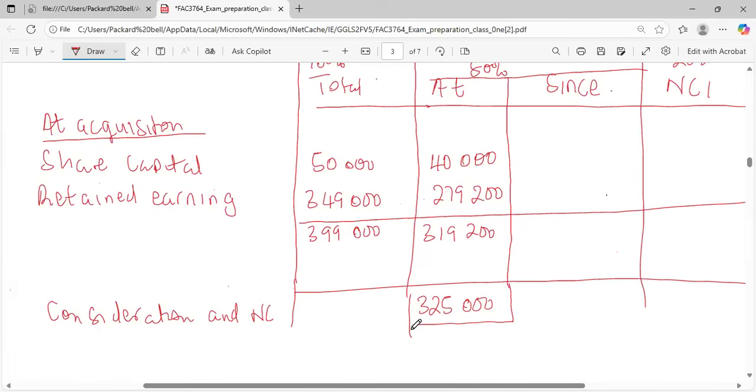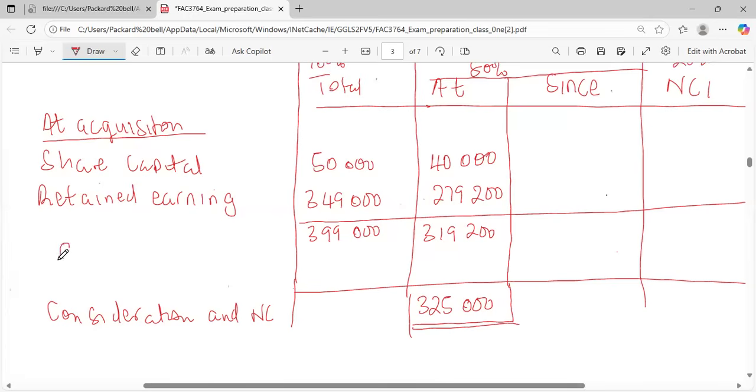So what is going to happen here? Are we going to have goodwill or gain on bargain purchase? This is the value of equity, 319,200. And this is what they pay. Is there goodwill or gain on bargain purchase? Goodwill.